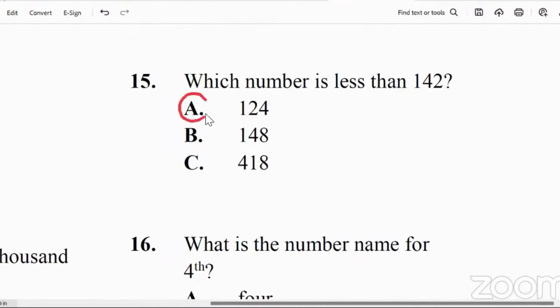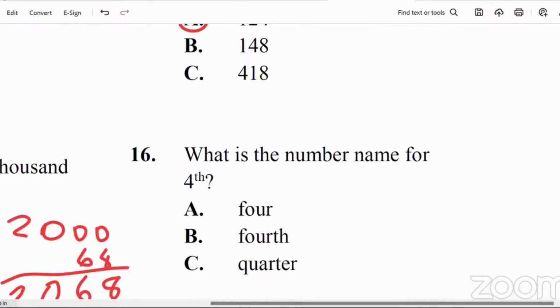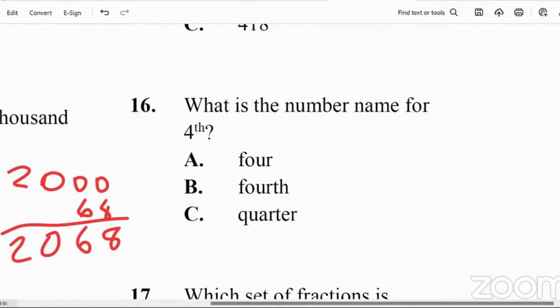So the answer is A, 124. And I know sometimes students have issues with their numbers, so you guys have to be careful. Sometimes you're seeing them in the incorrect order and they look all jumbled up to some of you. So you have to be careful that you are paying attention to the numbers so you don't see something that's not there.